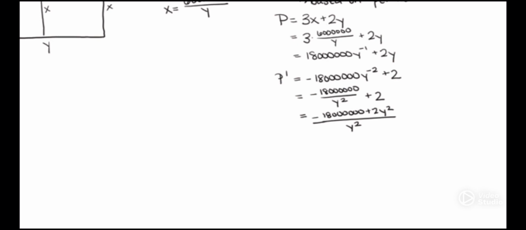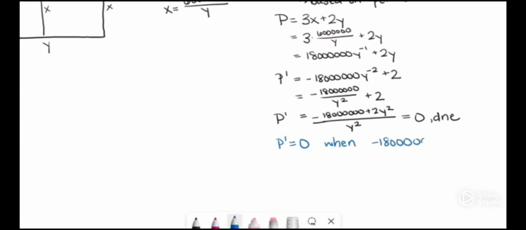So we have our perimeter prime equal to negative 18 million plus 2y squared over y squared equal to 0, which we know will not exist here, because our perimeter prime equals 0 when negative 18 million plus 2y squared equals 0, and 2y squared equals 18 million, and dividing that by 2 will give us y squared equals 9 million. And when we find the square root of 9 million, we have y equals 3,000.